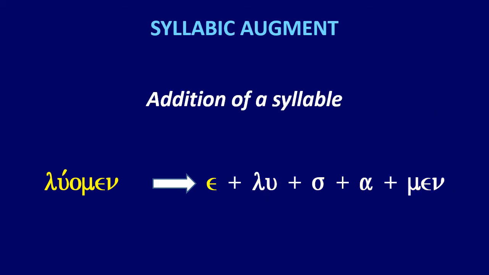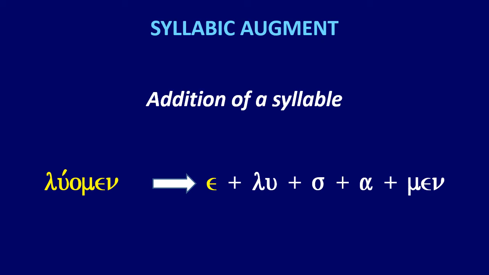Now you'll see in this slide that I've highlighted the epsilon in yellow for elusamen, we loosed, and this indicates that it's the augment at the beginning of the word. You see the present tense first person plural form luamen highlighted in yellow as well. But to form the first aorist first person plural form for the active indicative, you're going to put an augment on that word, and that's the letter epsilon.